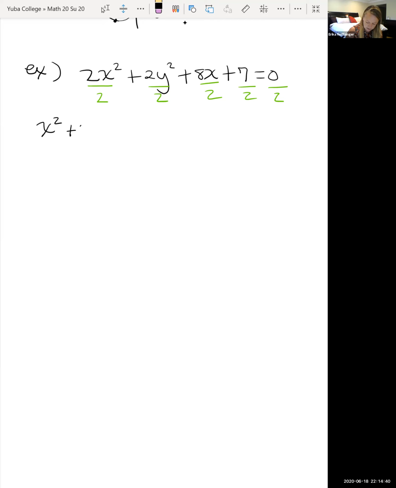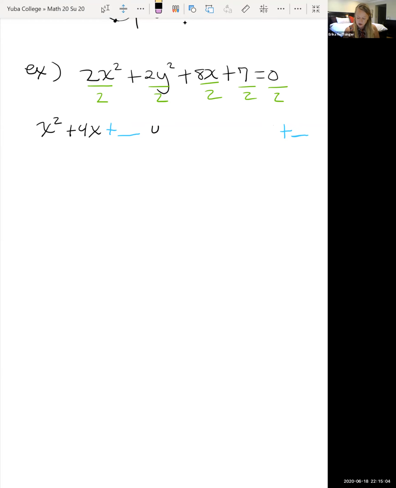We're going to add something in here in a minute to make this a perfect square, so I'm going to just leave some room. I'm going to add it on the other side of my equal sign in a minute too. Let's group our y terms together after reducing. I have 2y squared divided by 2, that's y squared.